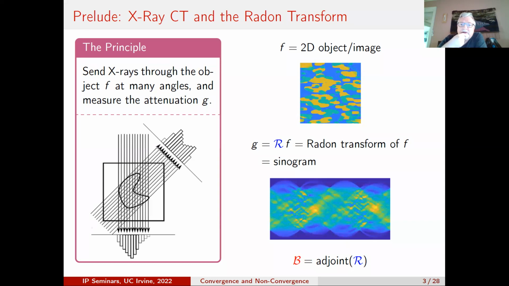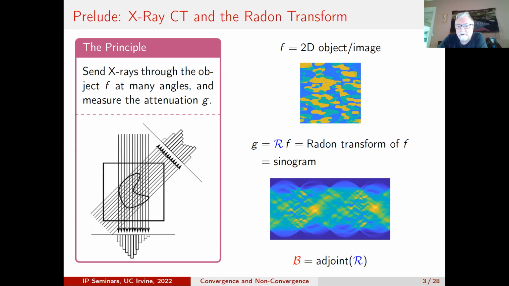The notation here is f is an image that represents the object, and the Radon transform is basically a way to write all these line integrals through the domain that give you the attenuation. The output of the Radon transform is what we typically call the sinogram, and you see an image right there.